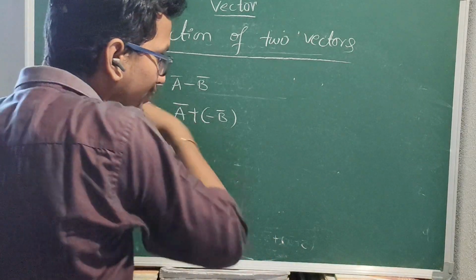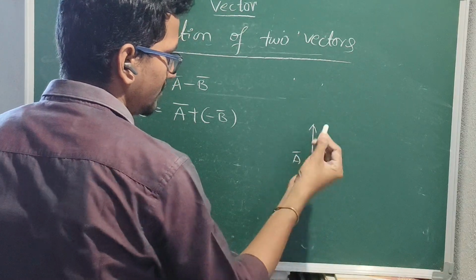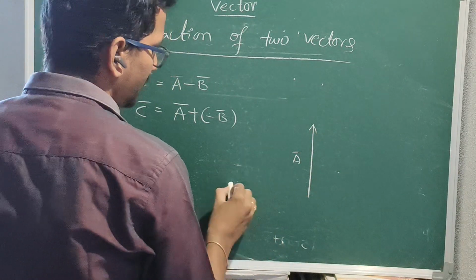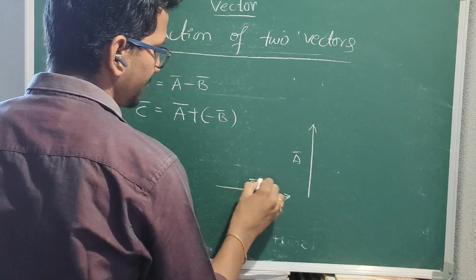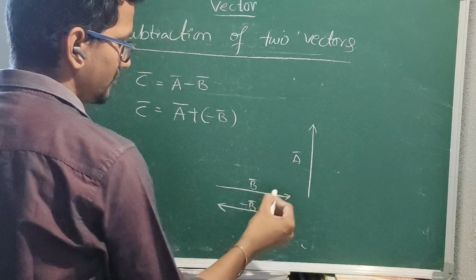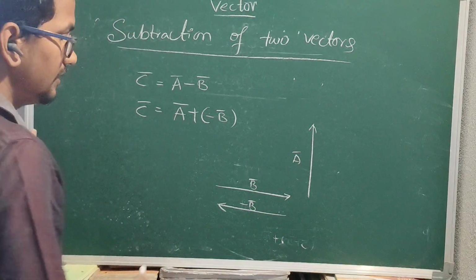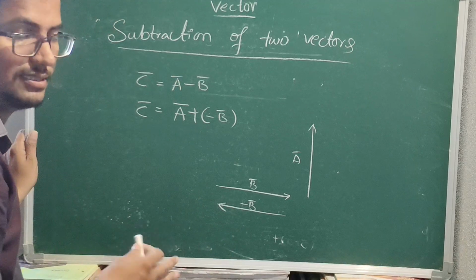For example, a bar vector is there, b bar vector in this way, and the negative vector minus b bar. Already we discussed the types of vectors. What is the negative vector? Equal magnitude but opposite direction.